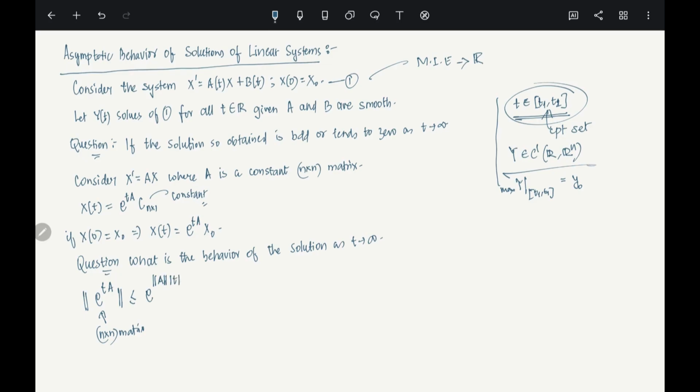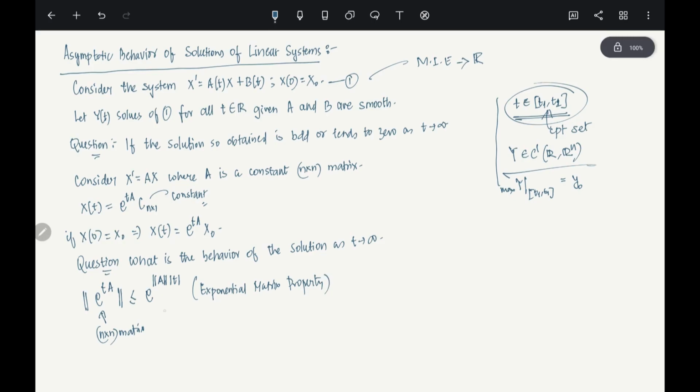When we defined the exponential, this is the thing which we proved, in the exponential video, the matrix exponential property. This is why we showed that the series is absolutely convergent.